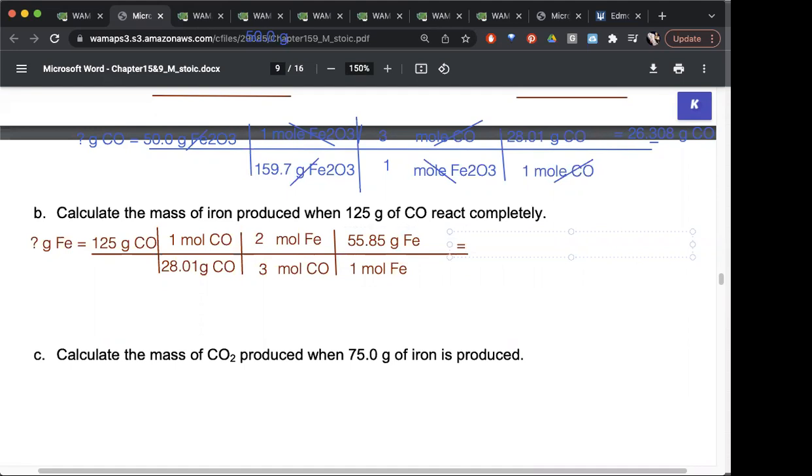And now we're ready to calculate. So unless we made a mistake with our numbers, we should get the right answer. So 125 divided by 28.01 times 2 divided by 3 times 55.85.